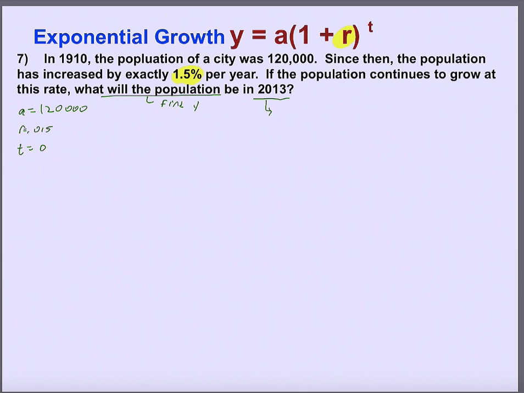So we could make 1910 be the year 0, or to make our numbers look nicer, we can use the year 1900 to be the year 0, which would mean T equals 113 to be the year 2013.